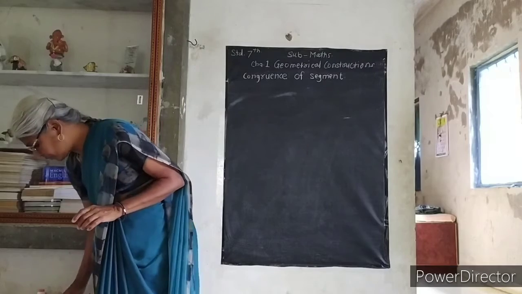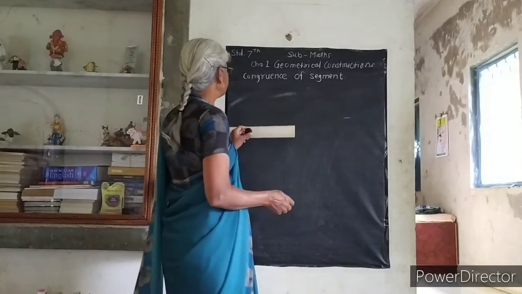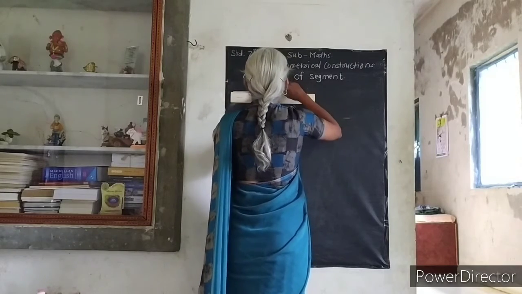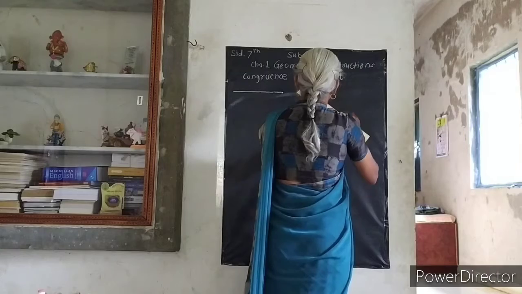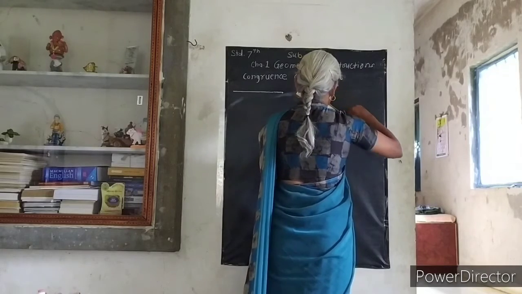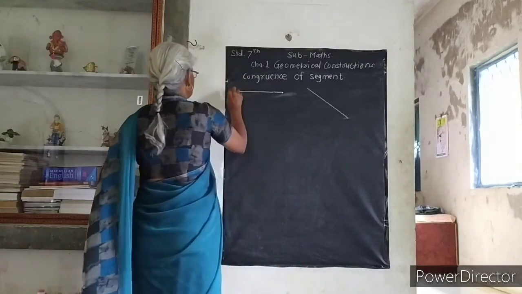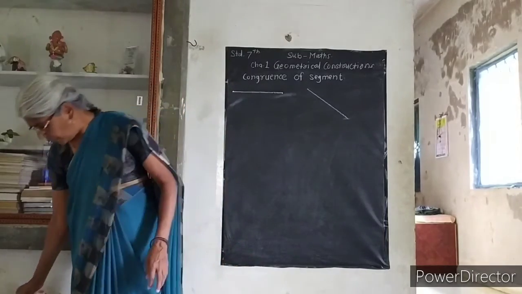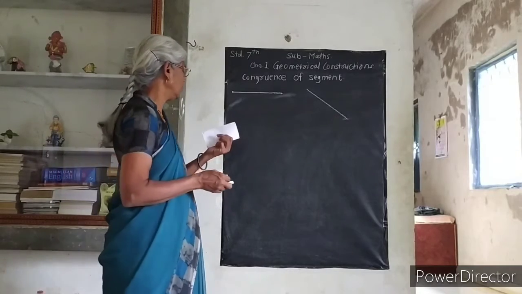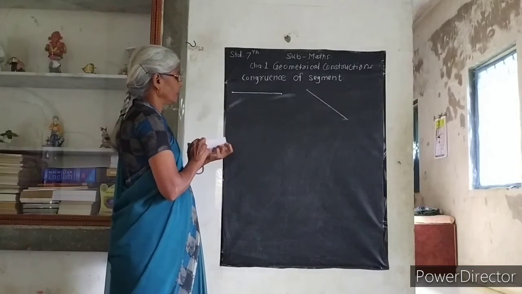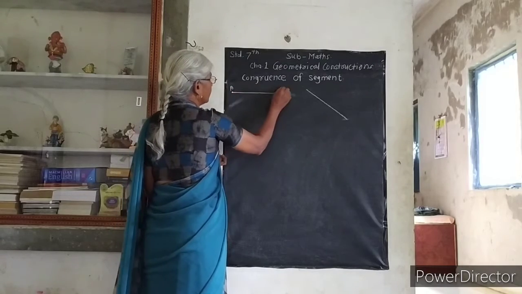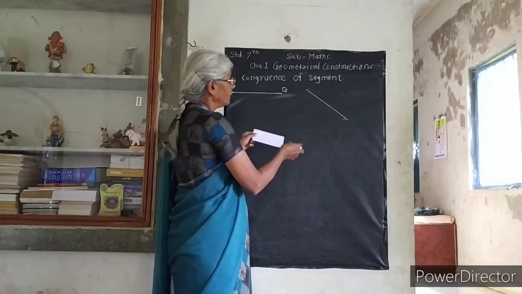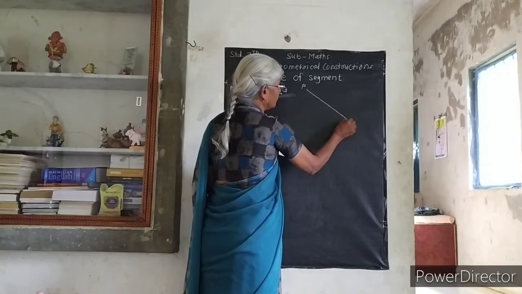Then we draw two segments. Suppose the side of that rectangular paper is shown as segment AB, and the second, opposite side is shown as segment PQ.